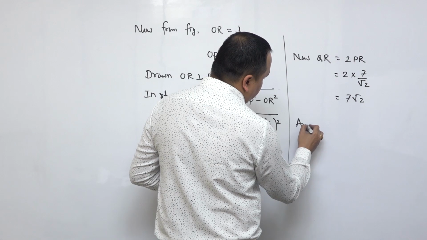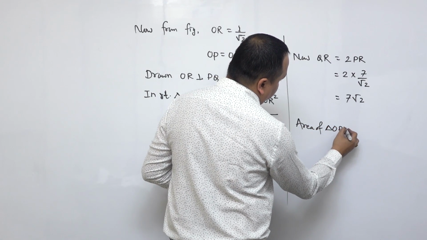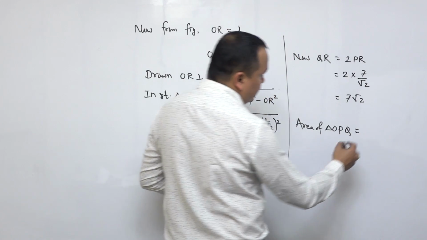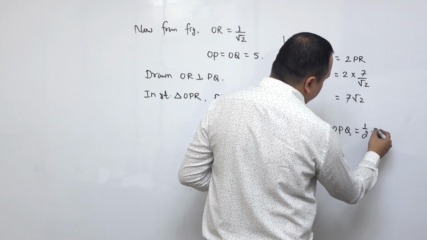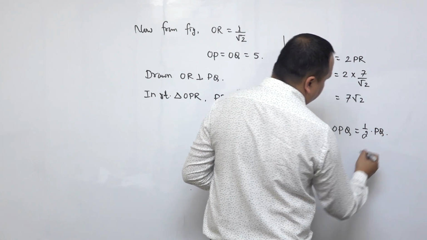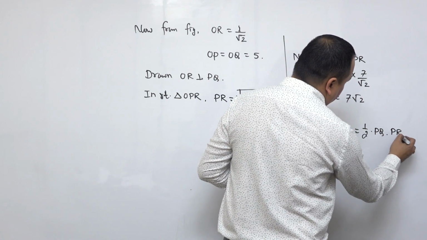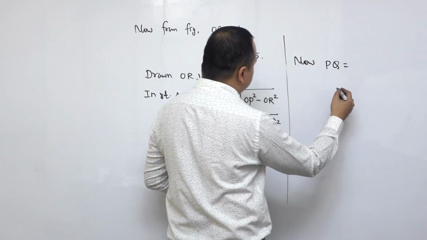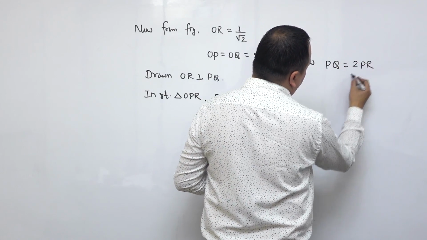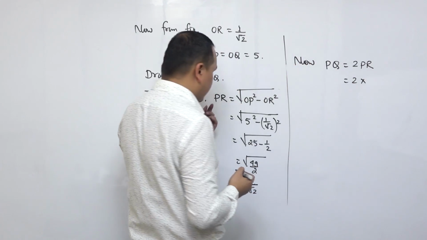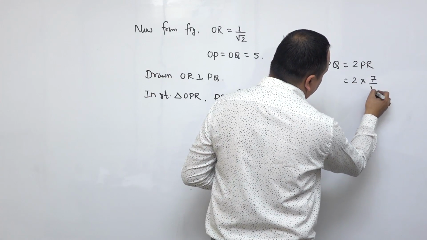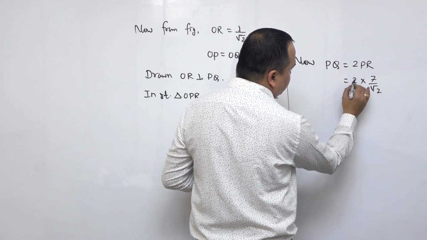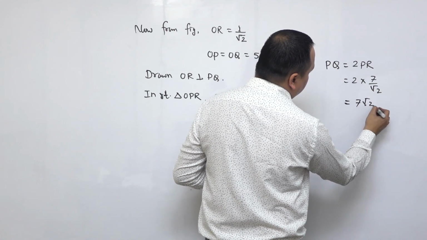The area of triangle OPQ is half base PQ into height PR. 1 upon 2 PQ, where PQ is 2 times of PR, and PR is 7 upon root 2. The 2 is root 2 squared, root 2 cancels out, then 7 root 2.